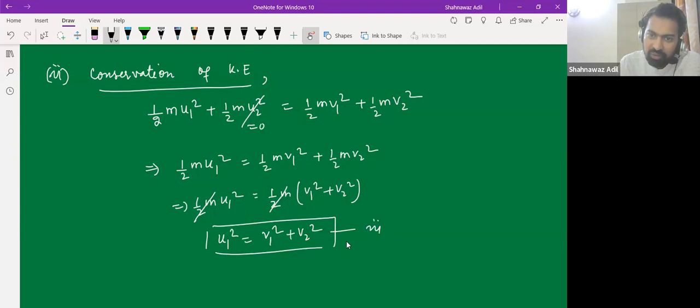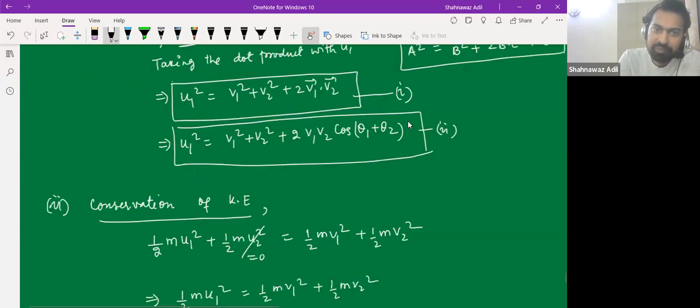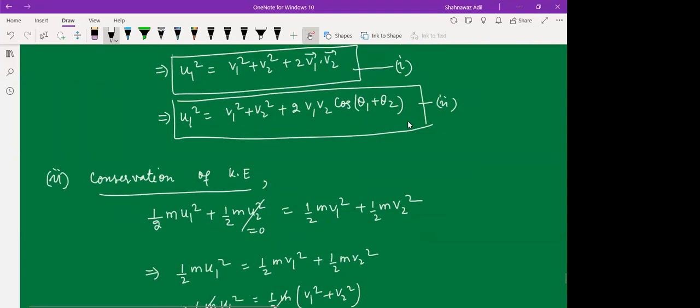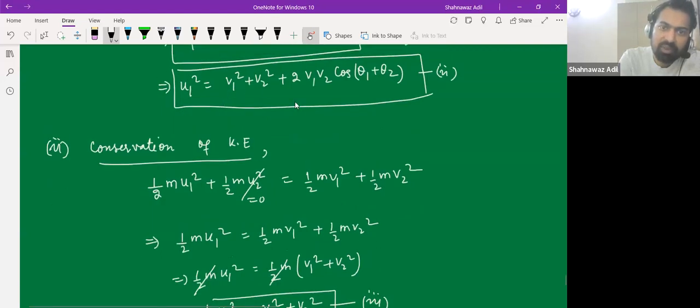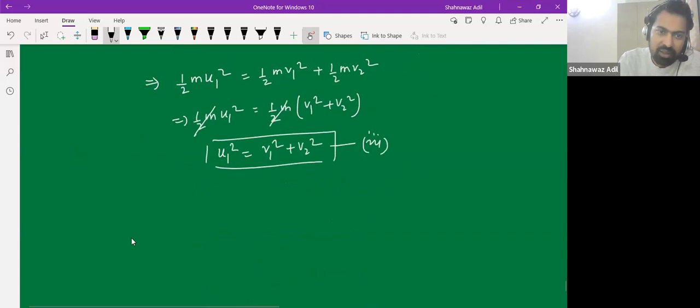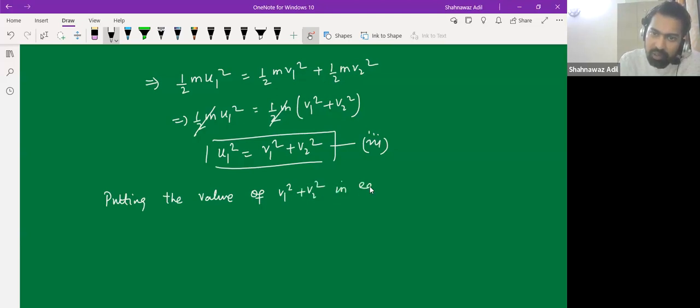Now, can we use this third equation in the second equation? Yes. Let us put the value of v1 square plus v2 square in the second equation.